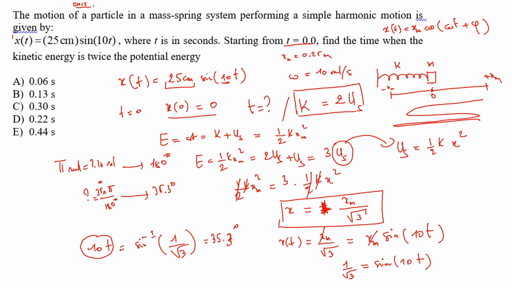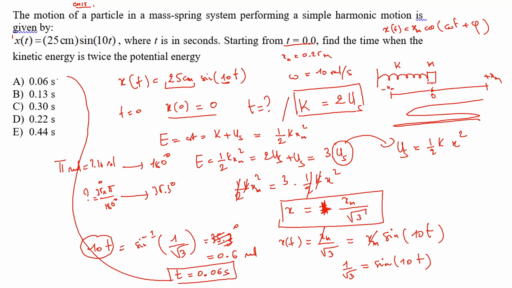So how much do you get in radian? I believe I get 0.6 radian. Yes, 0.62. Okay, 0.6. That means t is 0.6 divided by 10, and this gives you 0.06 second. And this is the answer.